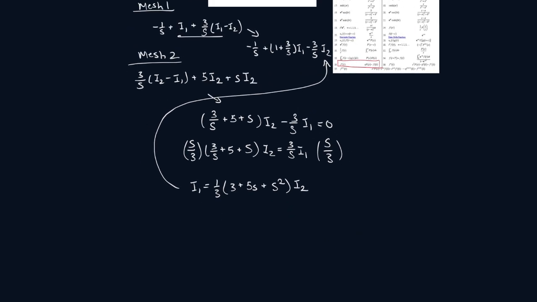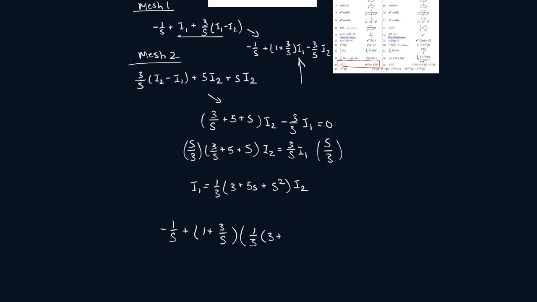So minus 1 over S plus 1 plus 3, oh sorry, you don't put it into here, you put that into here, my bad. So 3 over S times 1 over 3, 3 plus 5S plus S squared I2 minus 3 over S I2.